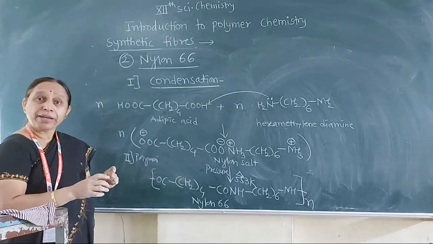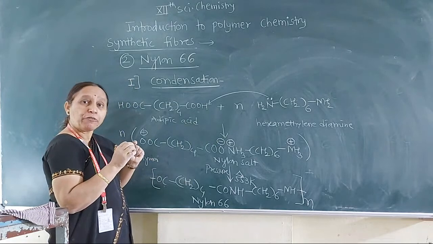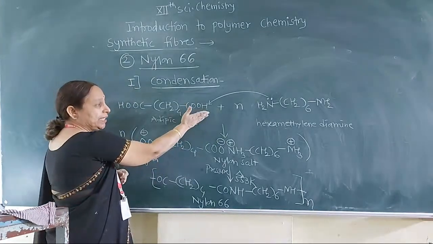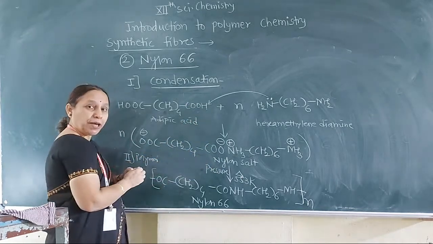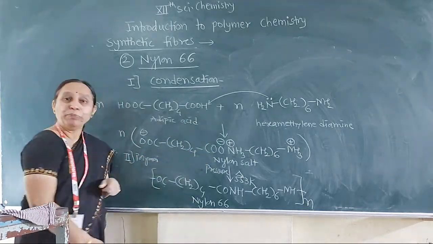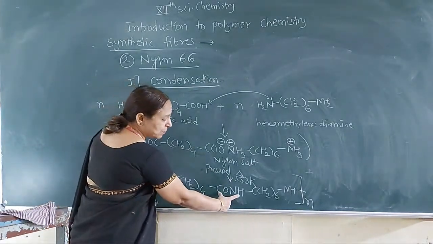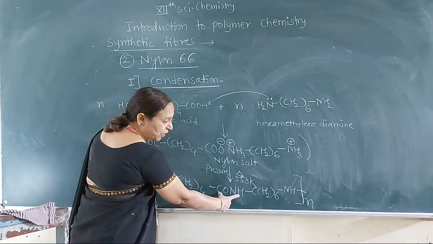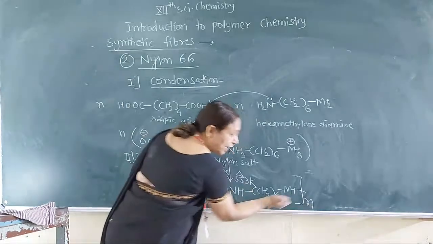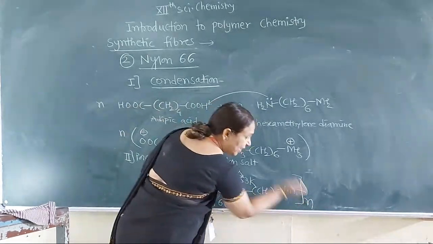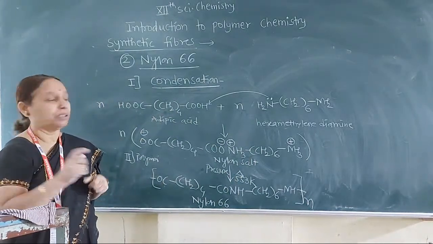If you arrange these two molecules in a proper way, then you can easily go through these two steps and you will get the polymer of nylon 66. As the nylon 66 polymer contains the CONH amide linkage n times, this is a polyamide fiber.